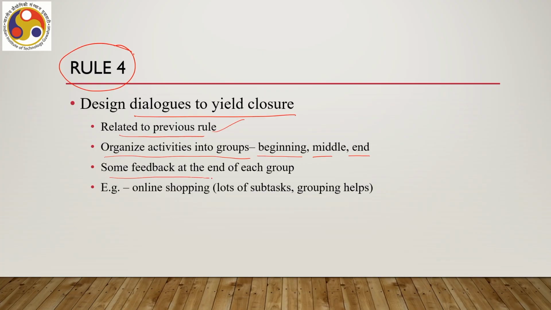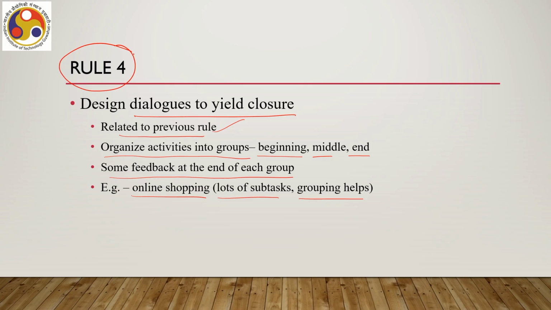And there should be some feedback at the end of each group. Say for example, in case of online shopping, there are lots of subtasks, and then if there is some grouping, that is choosing items, putting them into the cart, payment.